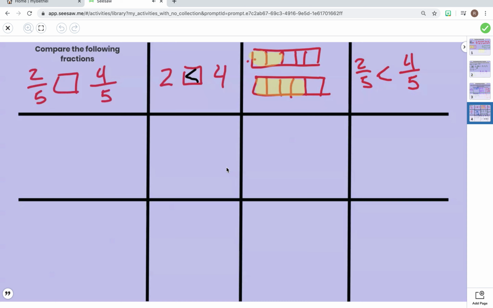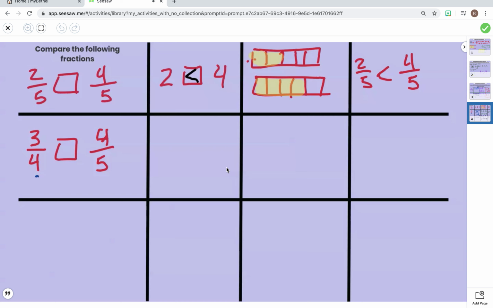Next, we're going to go with 3/4 and compare it to 4/5. Now we're going to think back to our steps. Our first step, we're going to look at our denominators.